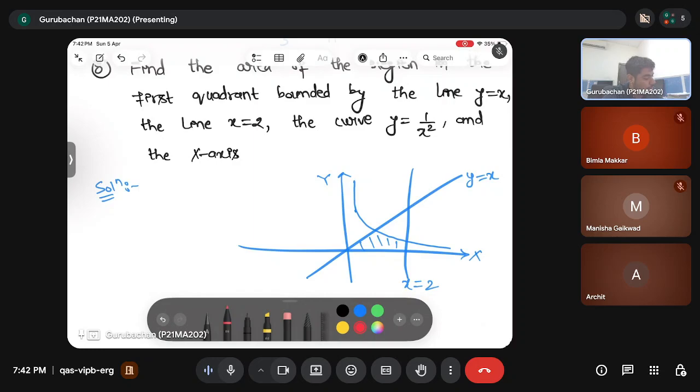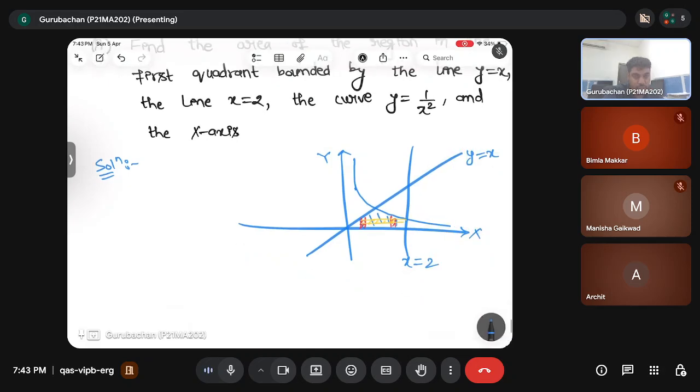So here we do both the integrations so that we get to know how to take the limits. There are intersection points obviously, and from both the sides you have to do the integration in two parts.